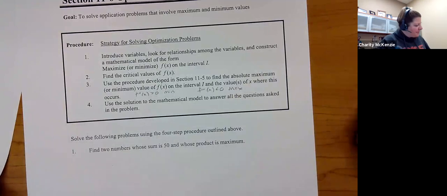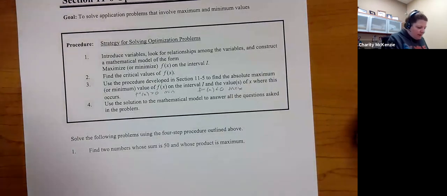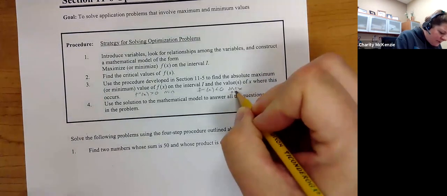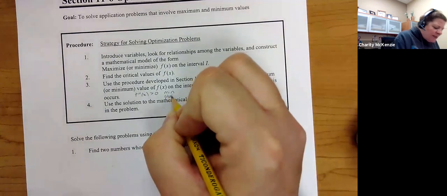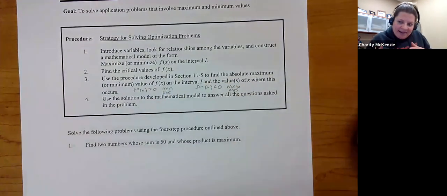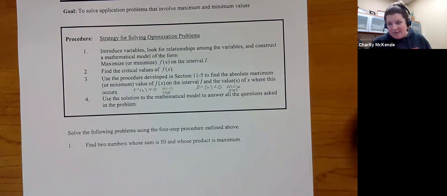Maybe I should have written the word absolute. So we double checked those minimums and maximums with a second derivative. Another way to double check would be on a graphing calculator.